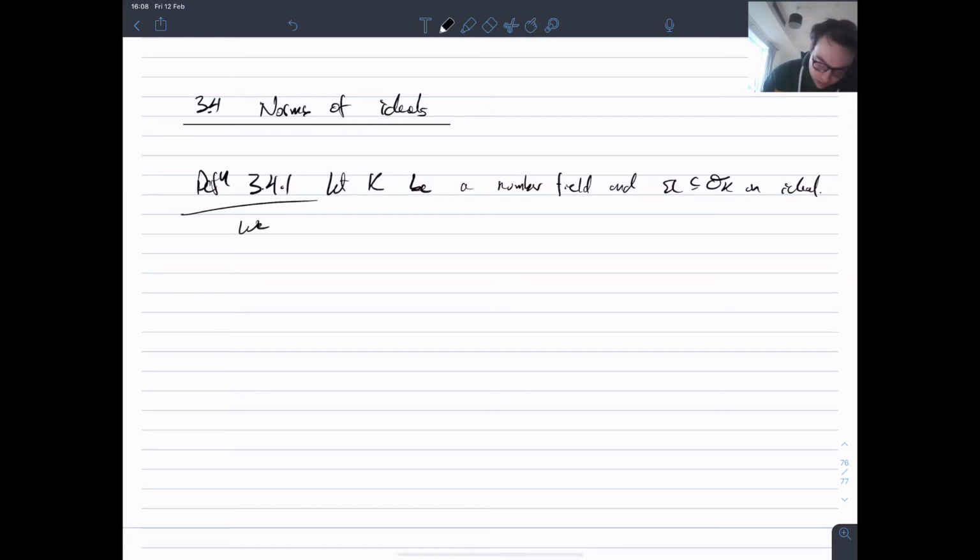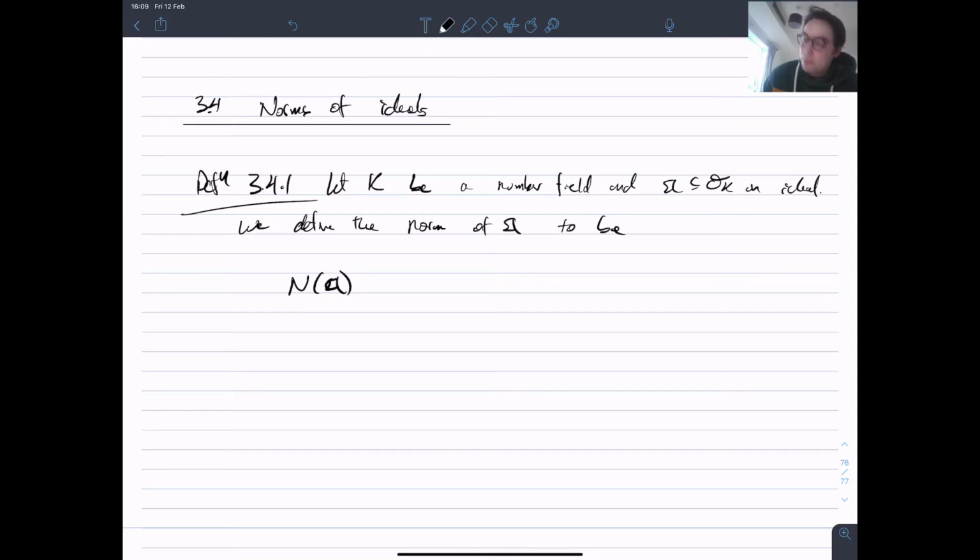Now we define the norm to be just the size of the quotient. So we define the norm of this ideal A, denoted by N(A). I won't put any subscripts on the norm because it won't really make sense for us to talk about norms over other fields; we'll just be talking about the norm down to the rational numbers.